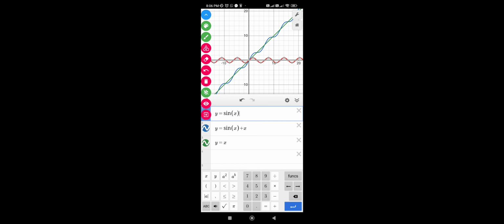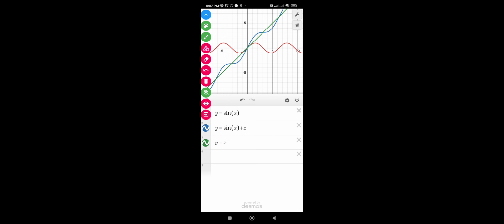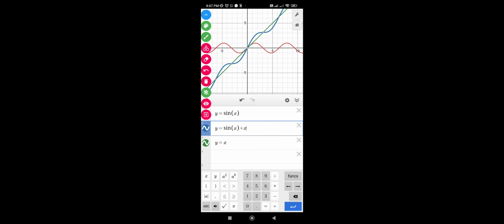And this blue graph is the function, the curve of sine x plus x, that is g of x. So this first one is our f of x, second one is our g of x, and third is our y equal to x. So we are going to find the fixed point of g of x, right? That is our ultimate motive.